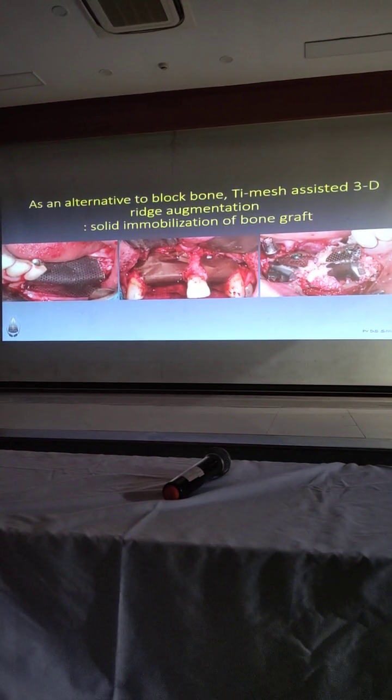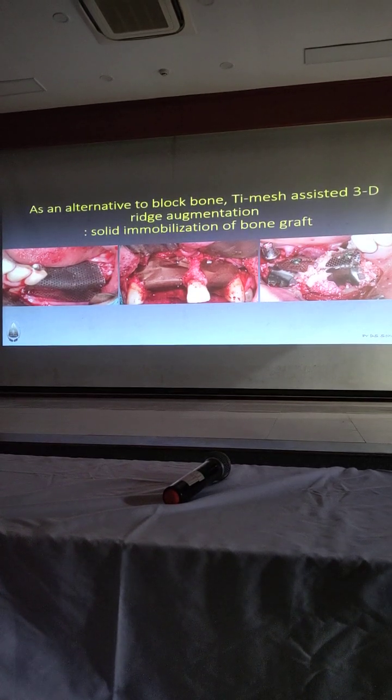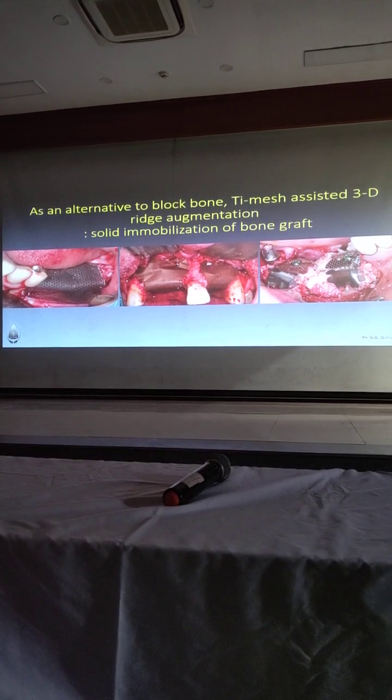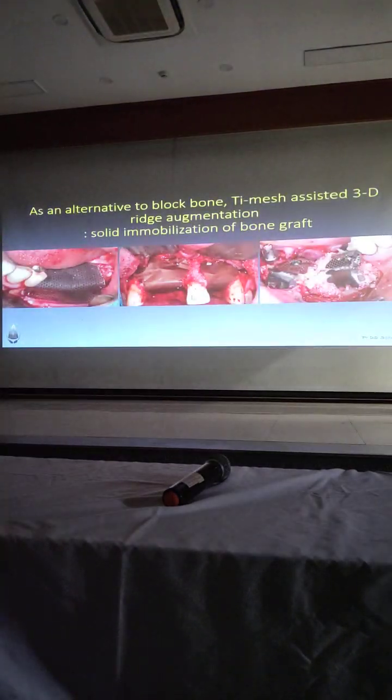An alternative to the block technique, titanium mesh assisted surgery for implantation has been used at my department in order to get grafting materials.